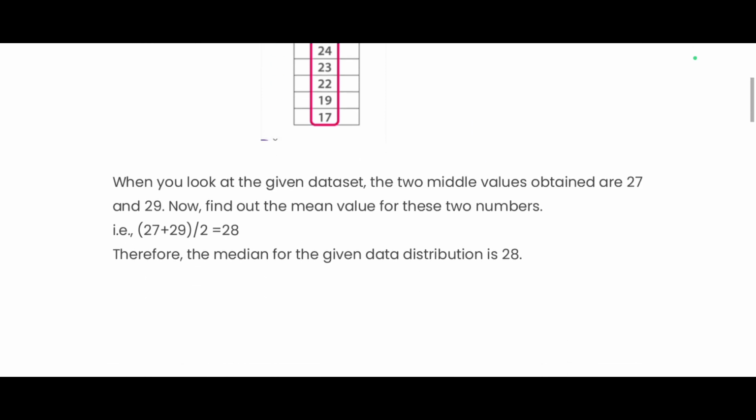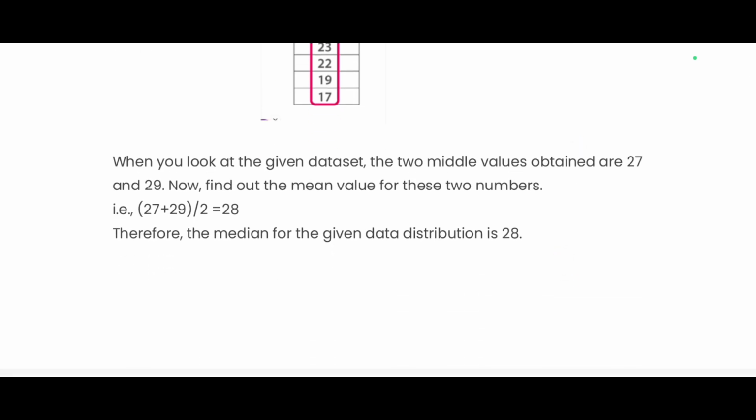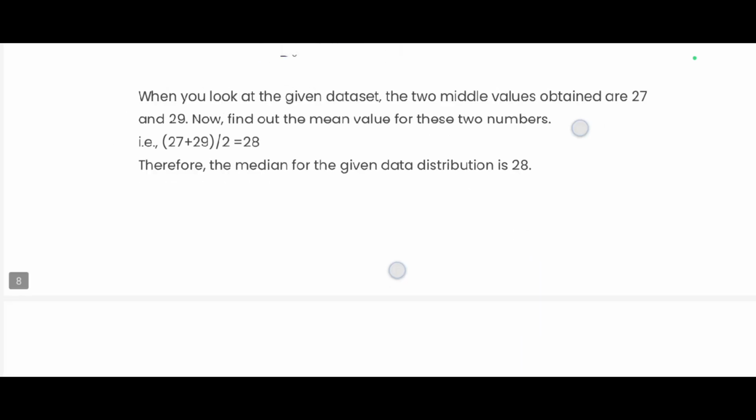When you look at the given data set, the two middle values obtained are 27 and 29. Now find the mean of these two numbers: 27 plus 29, divided by 2, that is 28. Therefore the median for the given data distribution is 28.